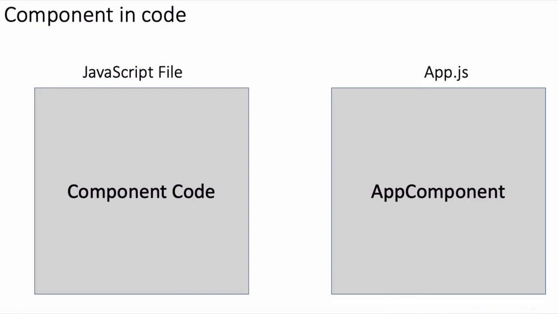A component is basically code inside a JavaScript file, but what does that code look like? That depends on what type of component. In React, we have 2 types of component. We have the stateless functional component, and we have the stateful class component.